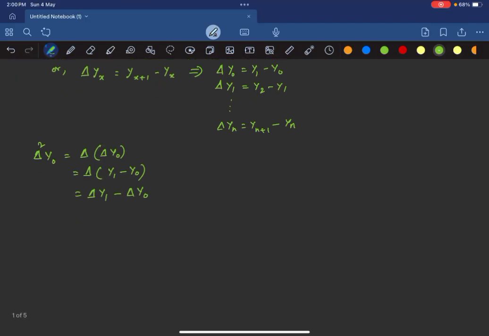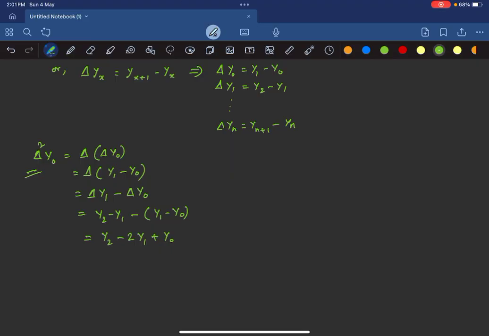So delta of y1 means y2 minus y1, and delta of y0 means y1 minus y0. So you can write y2 minus 2 y1 plus y0. Likewise you can find delta cube y0 as well. This is the second order forward difference.